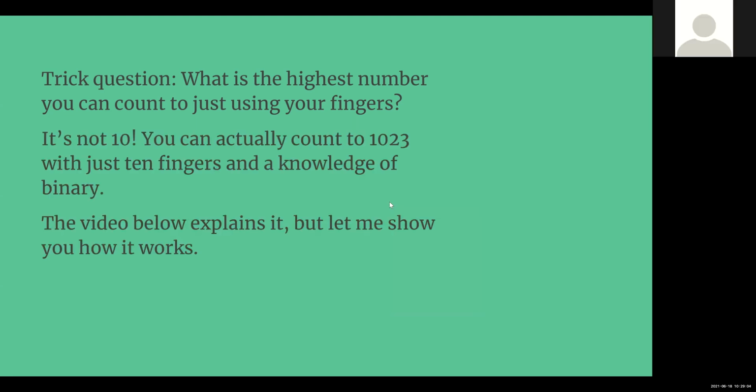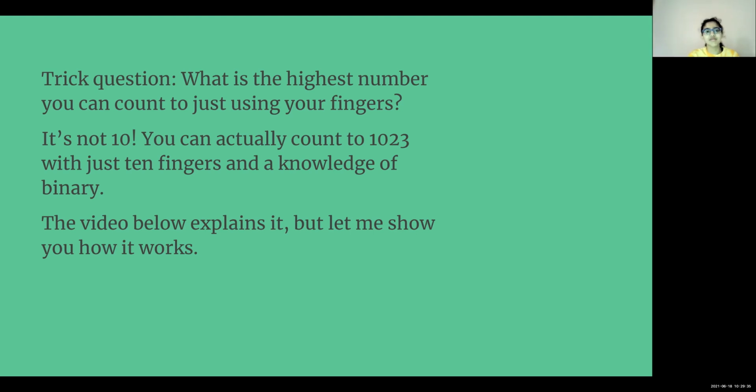I think it meant to be, what's the highest binary number that you can count to? I mean, you can count to 1023 using binary. No, like 1023 in binary. Well, 1023 when it's converted to decimal. To decimal. Right.